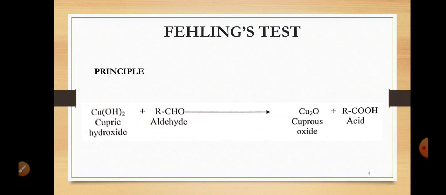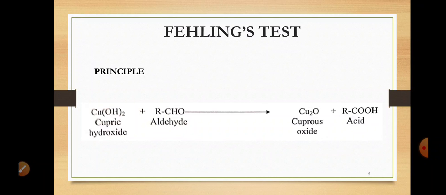As I initially said, there are some advantages with respect to Fehling's test. Automatically, there are some disadvantages also. So what are the disadvantages associated with the Fehling's test? The strong alkali potassium hydroxide present in the reagent sometimes can destroy the carbohydrate.